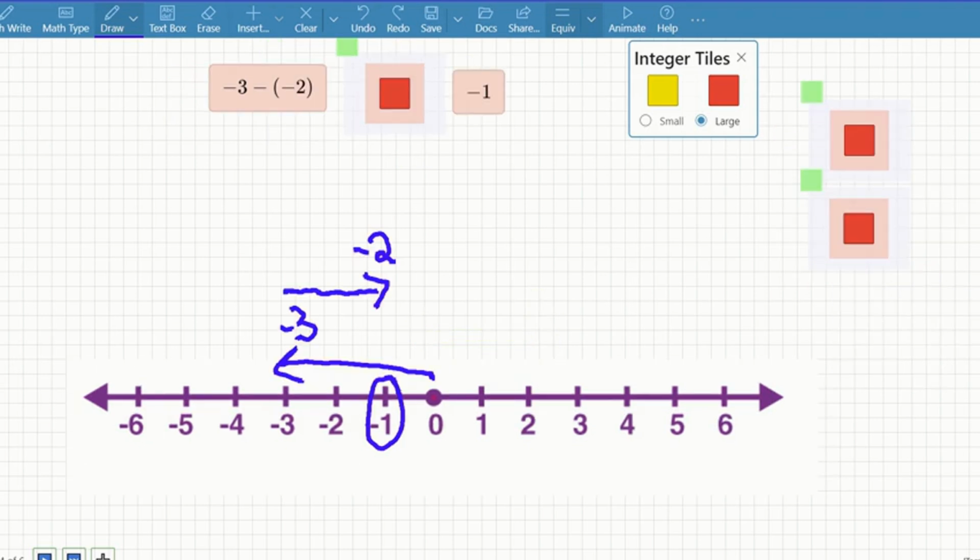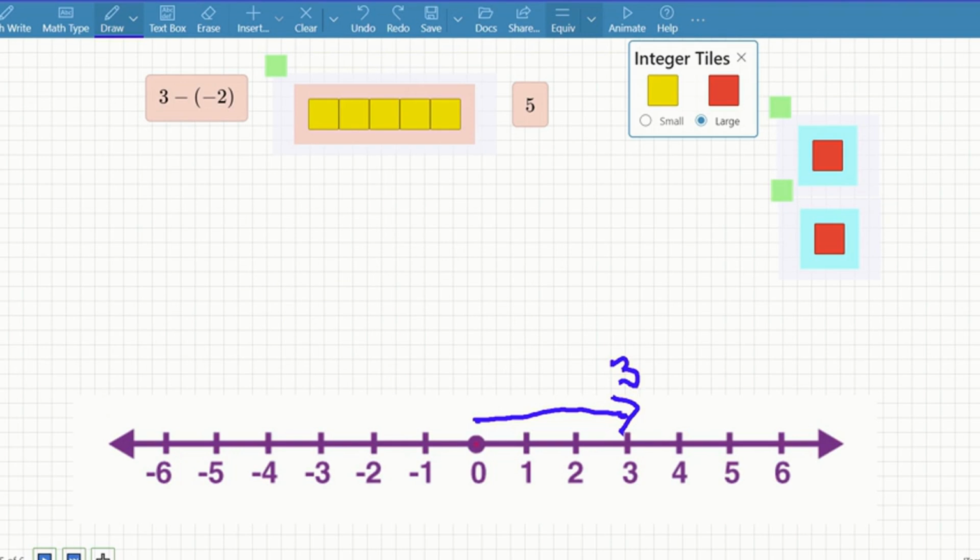When we take away negative numbers, we go in the opposite of adding them, which is to the right. So that means that I'm going to take away negative 2, and that takes me to positive 5.